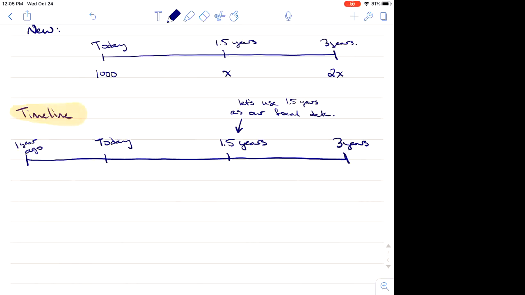Okay. Let's map out our original payments then and figure out what the original payment plan is worth at 1.5 years. So once you've decided on your focal date, right? And I said that on your assignment 2, show the complete timeline for question 2, clearly indicating the date you will use as the focal date, right?